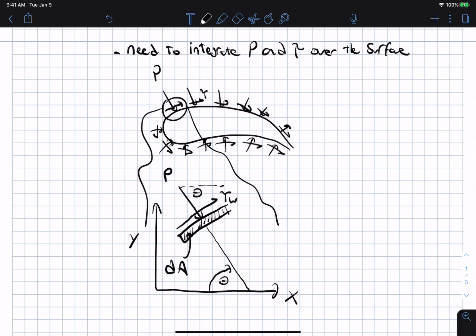Okay. And so if we consider the geometry here and the directions of the pressure and the wall shear stress, the drag force is the force that is acting along the x-axis, and I should actually draw U here. Okay, and so the drag force is acting along the x-axis.